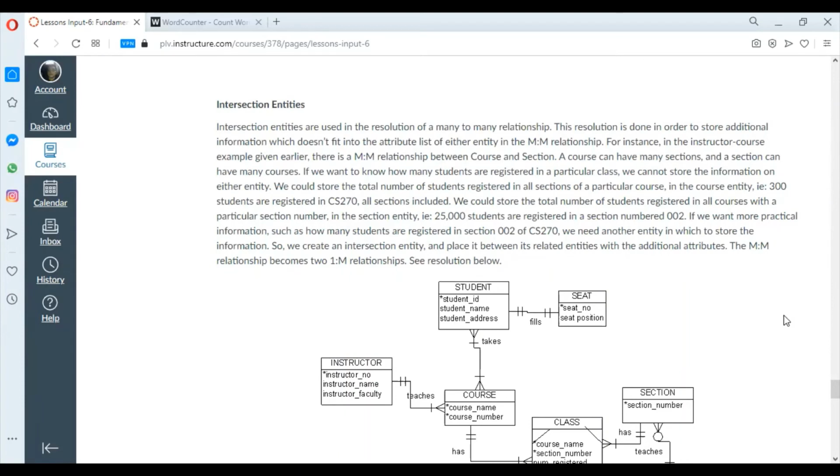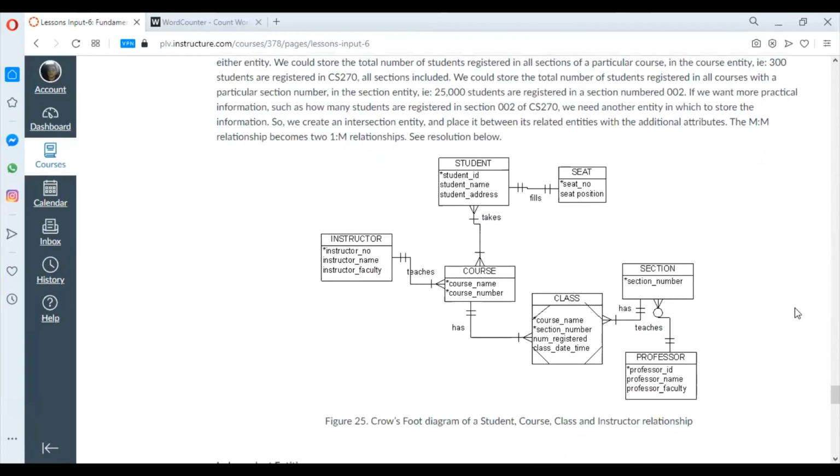Intersection entities are used in the resolution of many-to-many relationships. This resolution is done in order to store additional information which doesn't fit into the attribute list of either entity in the many-to-many relationship. So basically, intersection entities are like this.